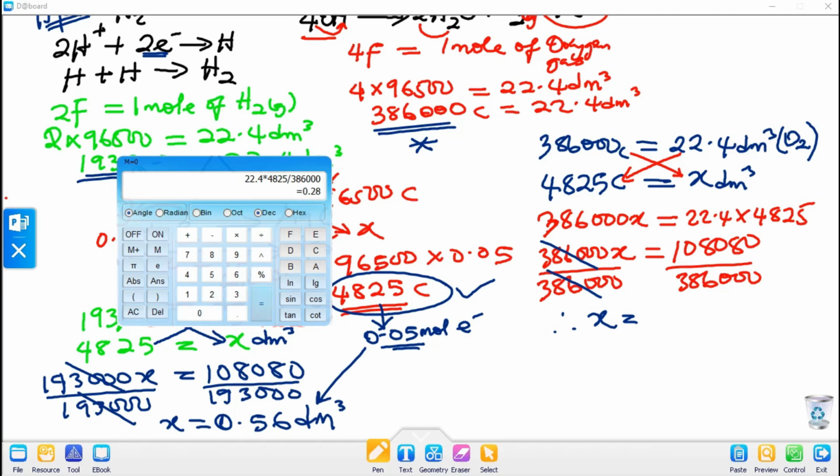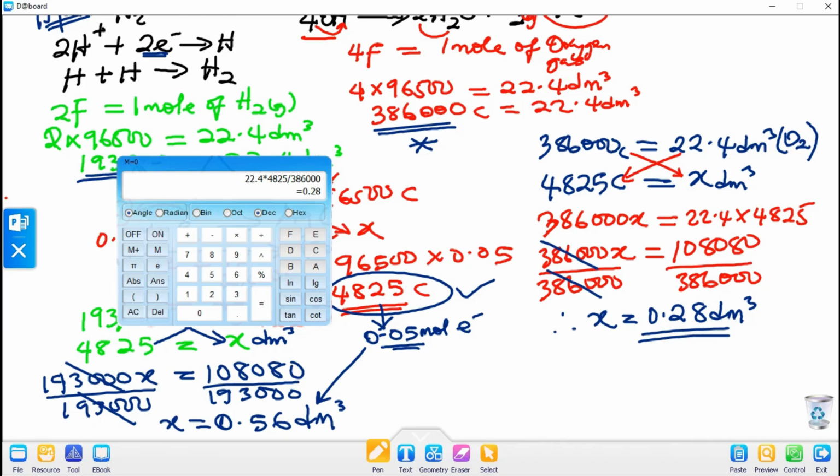That gives us 0.28. So our x will be 0.28 dm cube. So the volume of oxygen that will be produced is 0.28 dm cube, while the volume of hydrogen that is going to be produced at the cathode side is 0.56 dm cube.